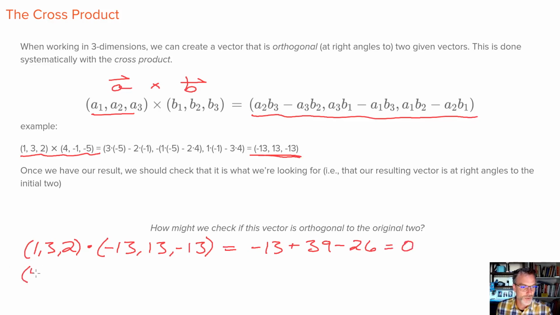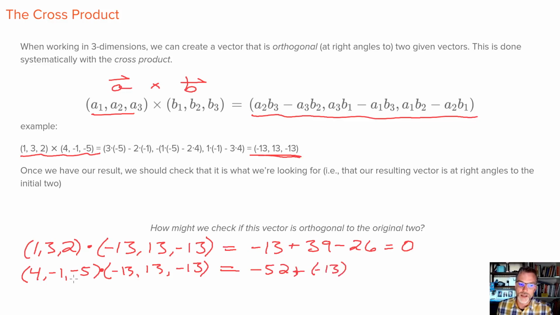You can do the same thing with 4, minus 1, minus 5. I dot it with negative 13, 13, negative 13. What I get is 4 times negative 13, that's negative 52. Then plus negative 1 times 13, that's negative 13.